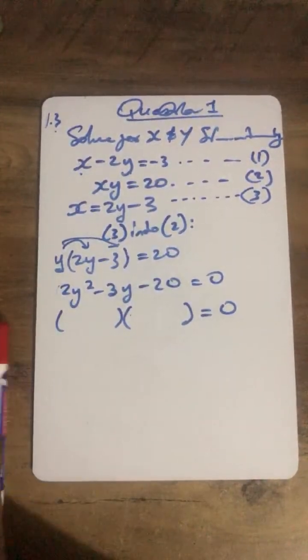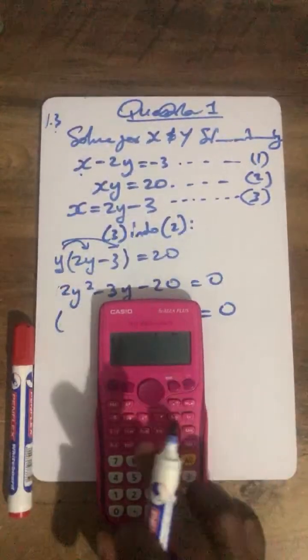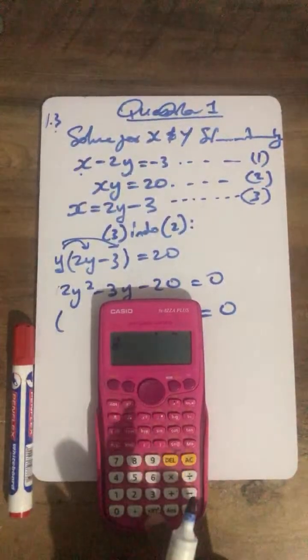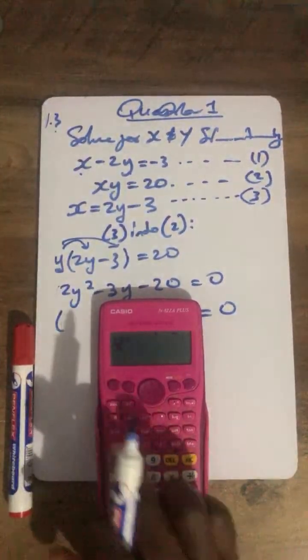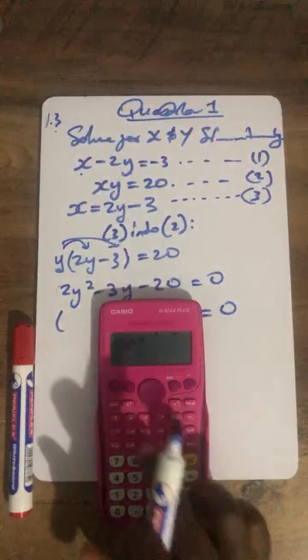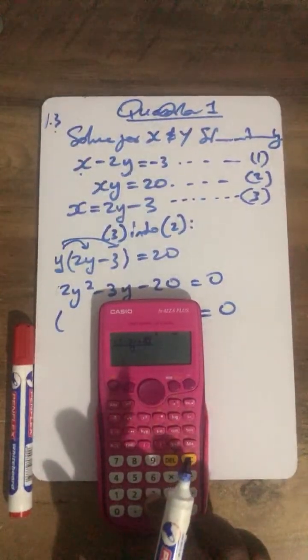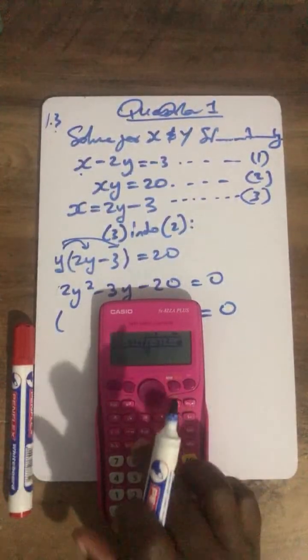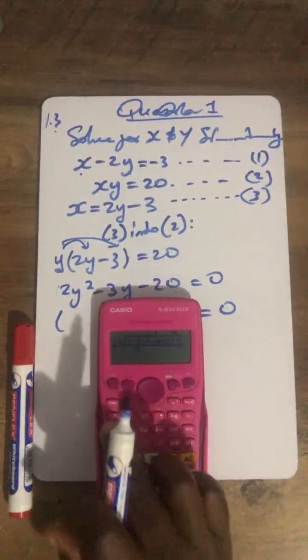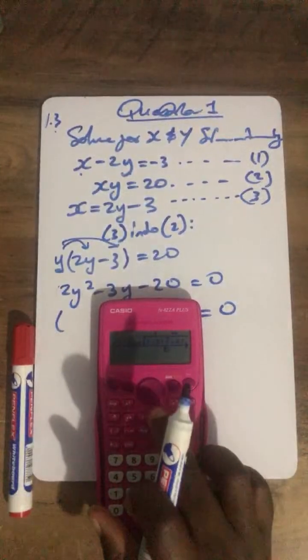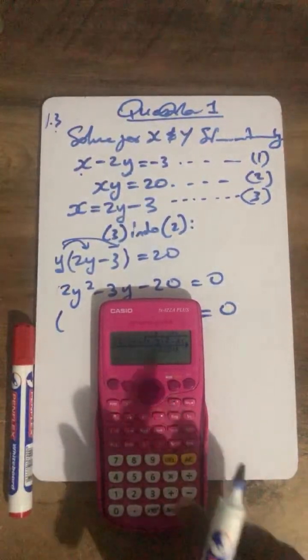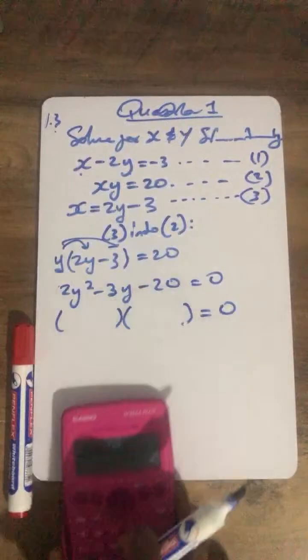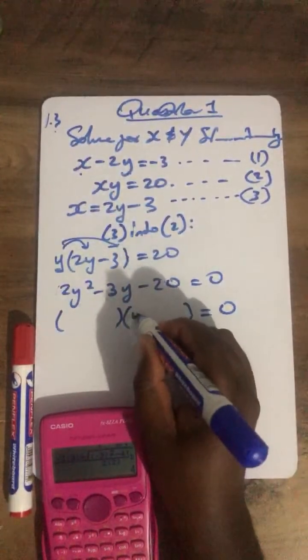Let me quickly use that. So you're going to say negative b, which is negative 3, you close, plus square root of b squared minus 4ac, c is negative 20, over 2 into a being 2. I'm getting 4. So that means you have y.